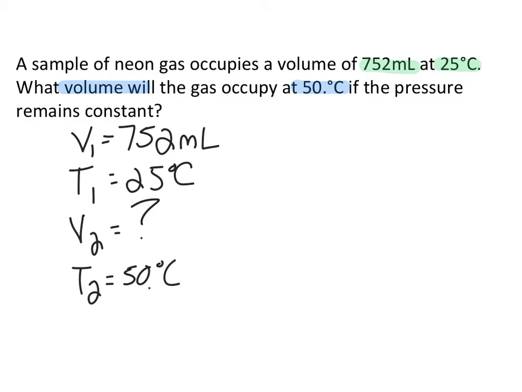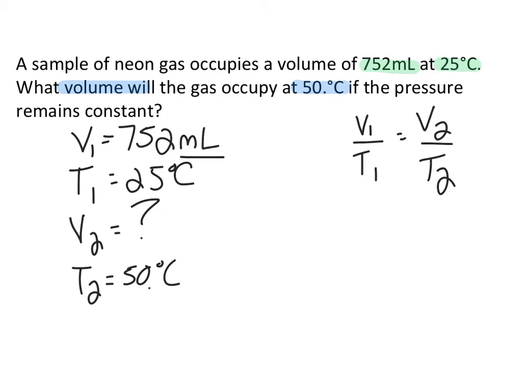So I was given 2 volumes and 2 temperatures, so that means I'm going to use the equation V1 over T1 equals V2 over T2. Based on what's given in the problem, will tell you what equation you want to pick from the previous page. So now I want to make sure my units are okay. So volume is in milliliters.